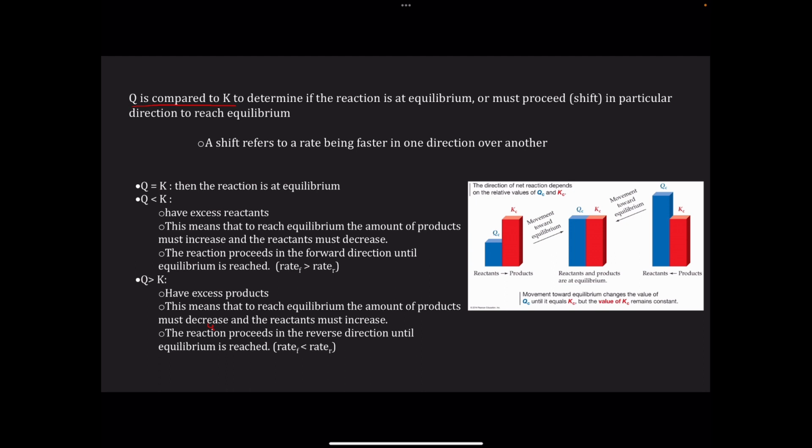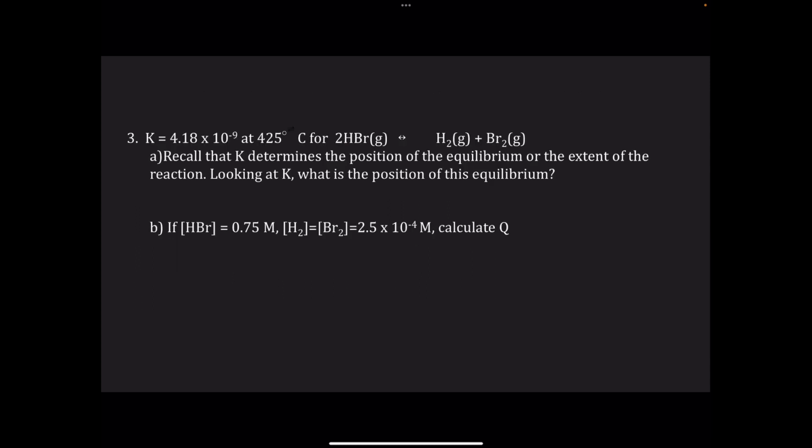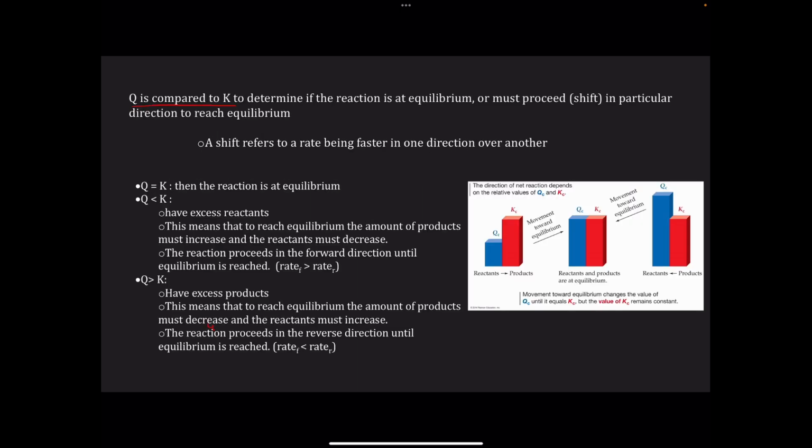This means that to reach equilibrium, the amount of products must increase and the reactants must decrease. So for products to increase, that means we're shifting in that forward direction. Or we say the reaction proceeds in the forward direction. So during that point in time, the rate for our forward reaction will be greater than the rate for our reverse reaction. And this will be the case until we actually achieve that equilibrium.